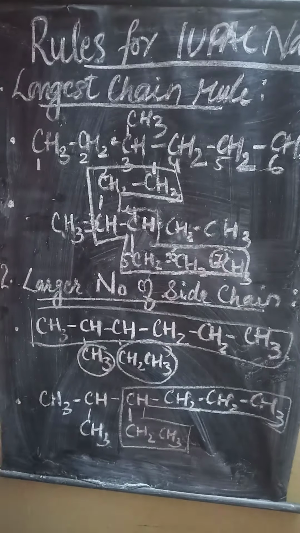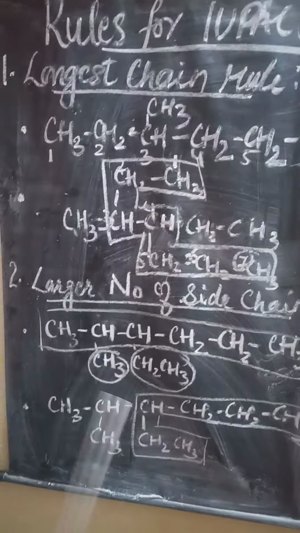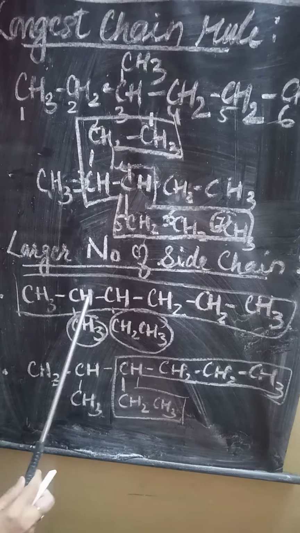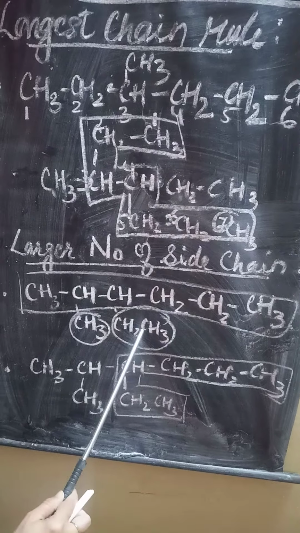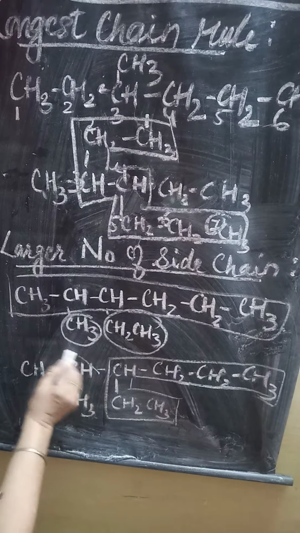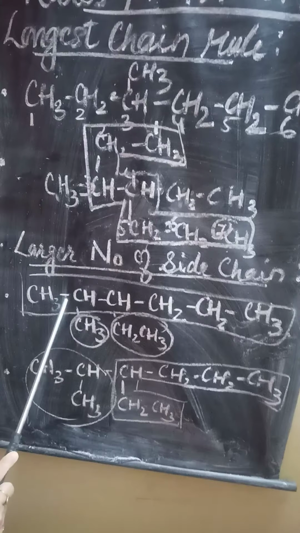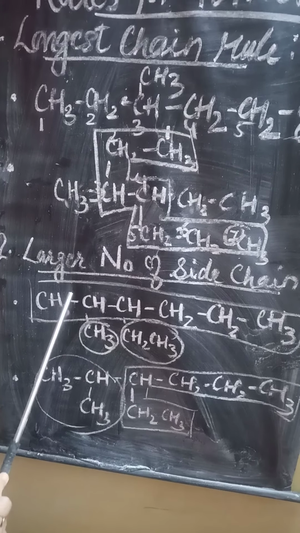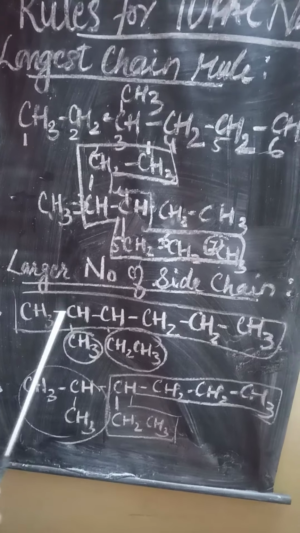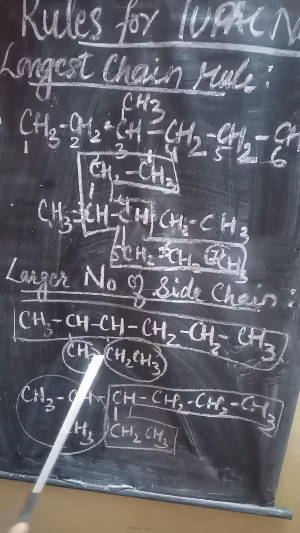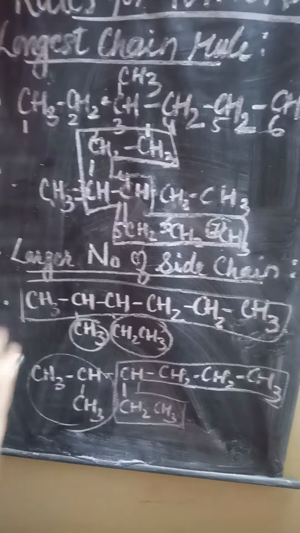Here also there are 6 carbons. But the difference is that in the first example there are 2 substituents attached, while in the second example there is only 1 substituent attached. So the correct one will be the first one. We will select this chain because it has 2 substituent groups attached to it.